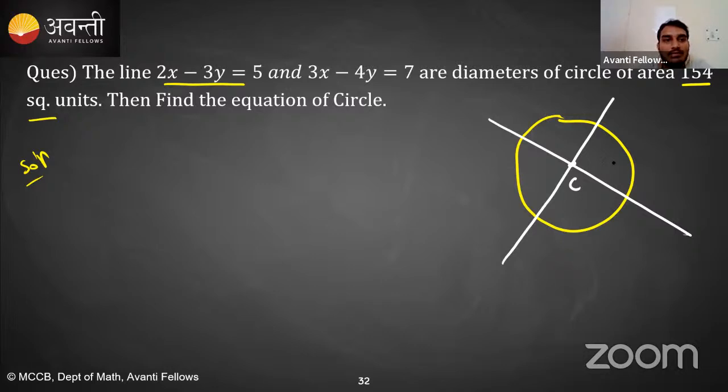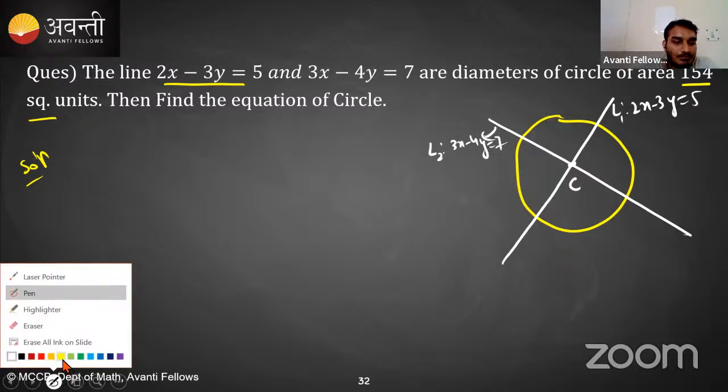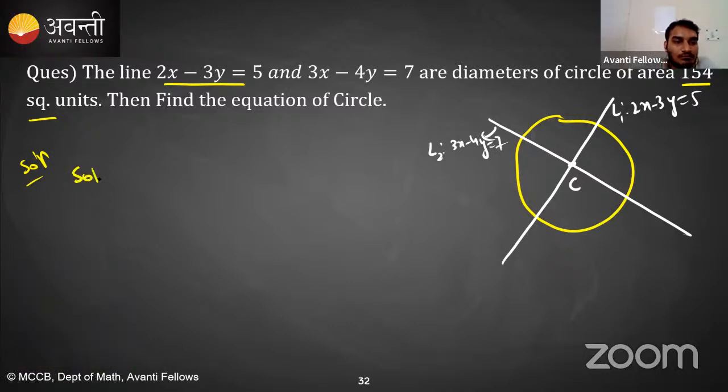Right? So let's say this line L1 is 2x minus 3y is equal to 5, and this is L2, 3x minus 4y is equal to 7, right? So solve L1 and L2 to get center.